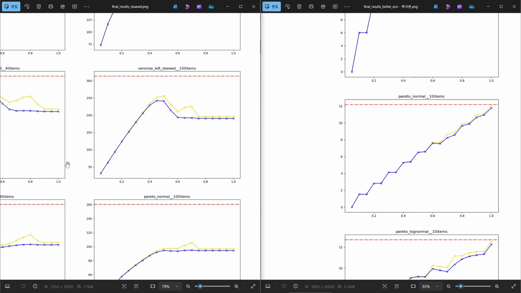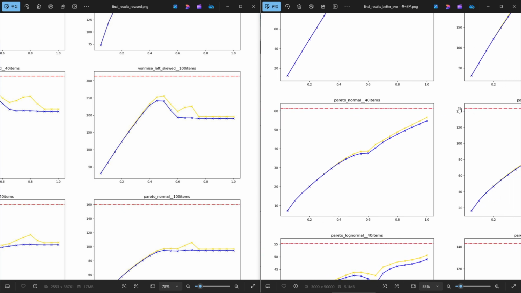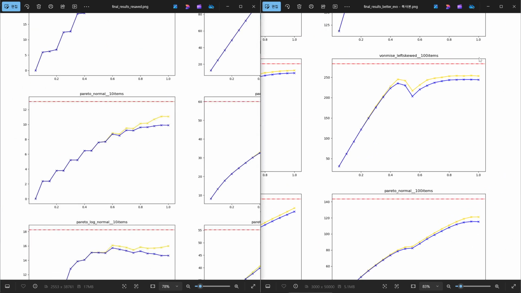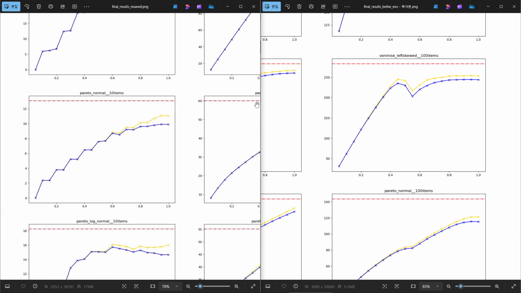So it seems that when the utility values are also sampled from Mesa, they behave as if they were also sampled from an exponential distribution.